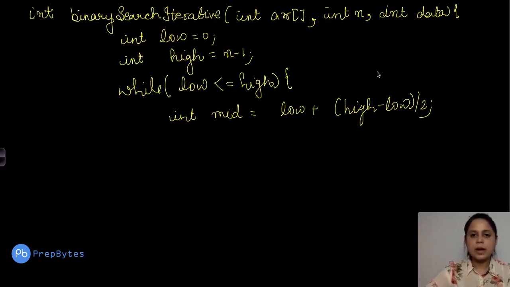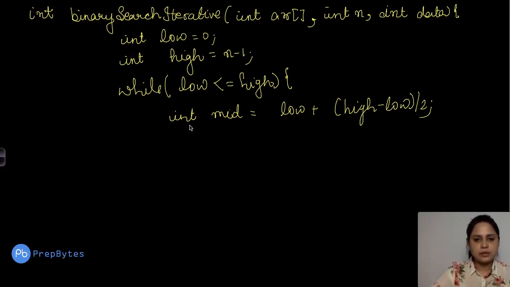So if, let's say, low is a very large number, or it's the maximum integer number, then integer overflow will happen, or we will get similar kinds of errors. In order to avoid that, we write it in this particular format. Though that thing is not completely eliminated, we can still avoid it to a certain extent. That's why we write it in this format.